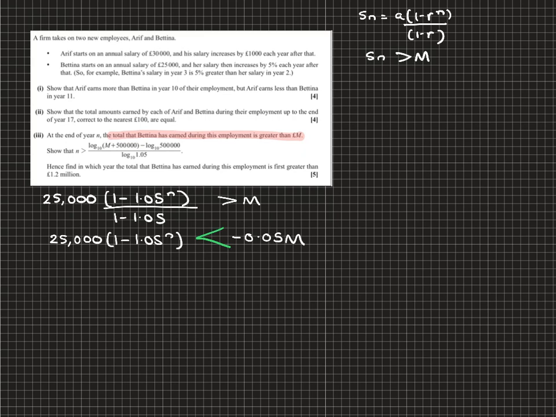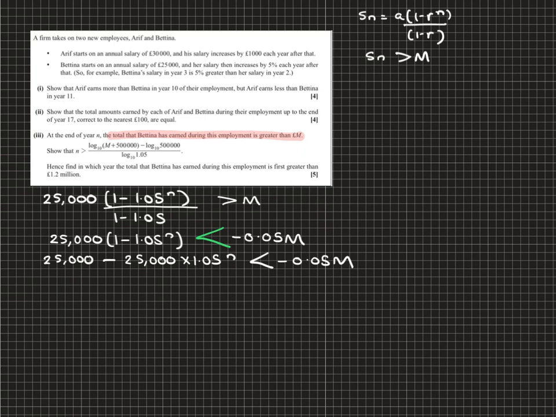So a bit of rearranging. We've got 25,000 minus 25,000 multiplied by 1.05 to the power n is less than negative 0.05m. So I'm going to add 0.05m to both sides, and I'm going to add the 25,000 times 1.05 to the n as well.